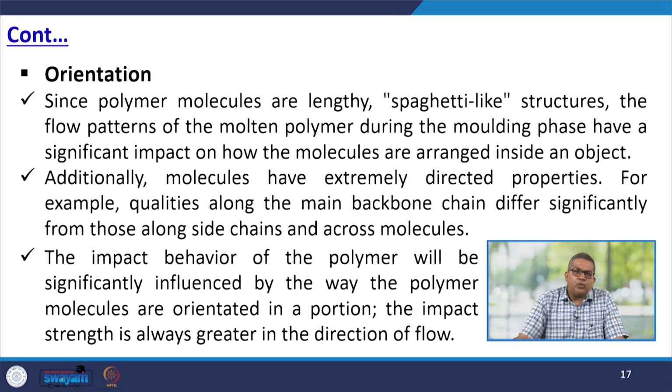For example, qualities along the main backbone chain differ significantly from those along side chains and across molecules. The impact behavior of the polymer will be significantly influenced by the way the polymer molecules are oriented in a portion, and the impact strength is always greater in the direction of flow.